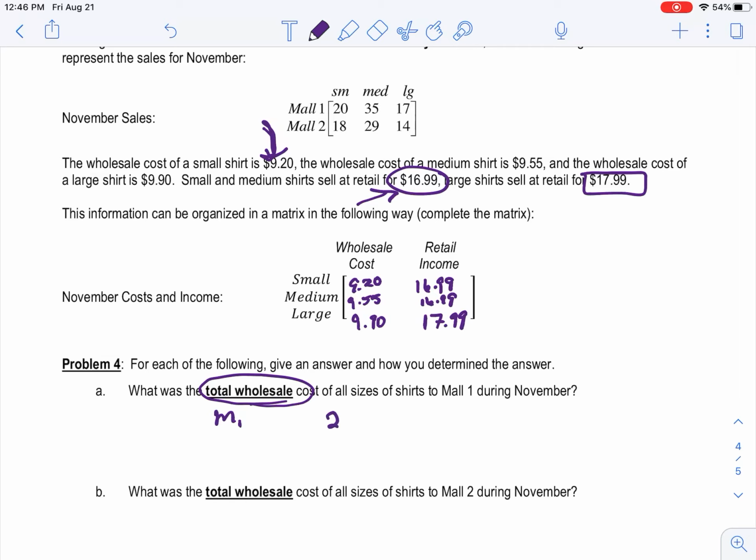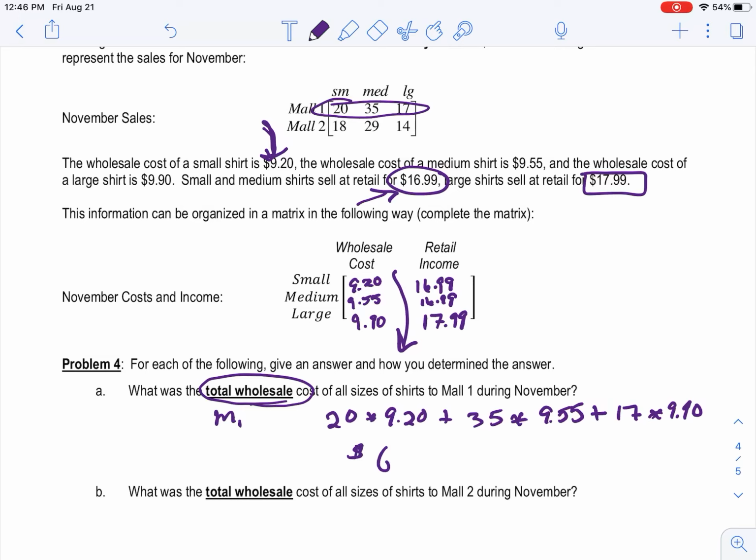So, we need to take 20 smalls times $9.20 plus 35 medium times $9.55 plus 17, I was doing Mall 1, small, medium, and large, with the costs, times $9.90. And when you put that in your calculator, you get a grand total of $686.55.